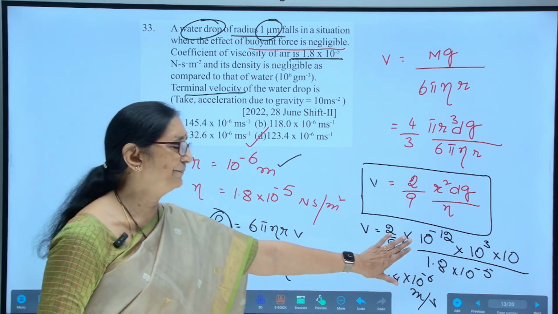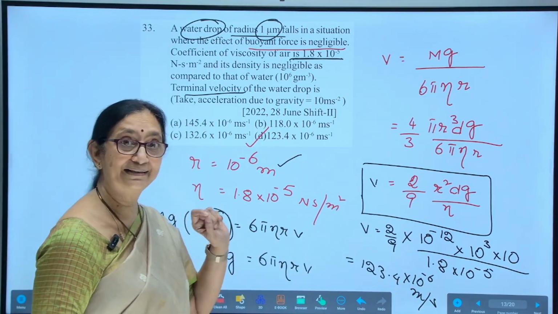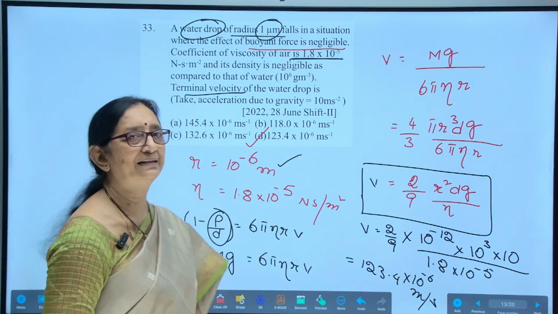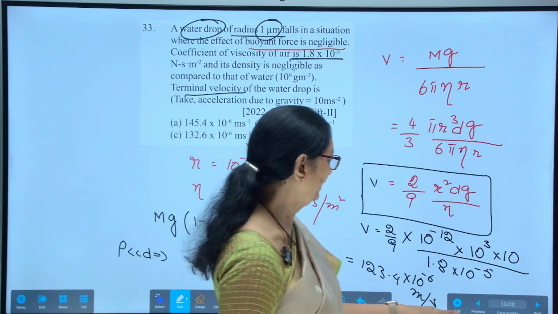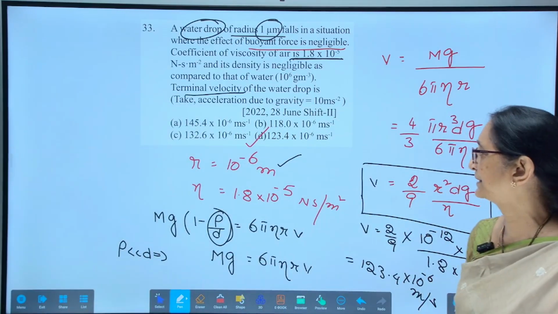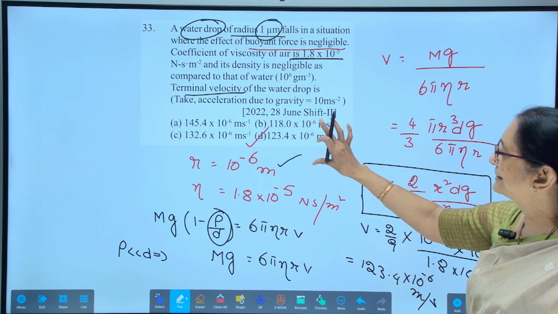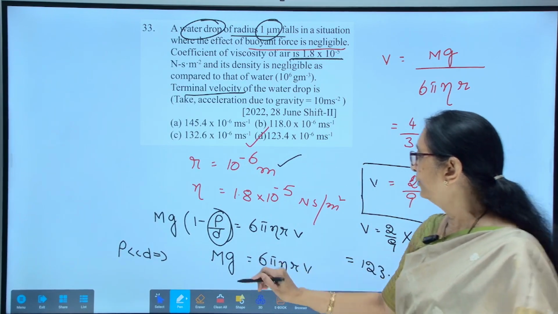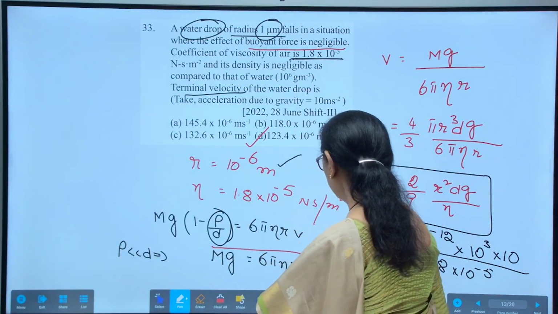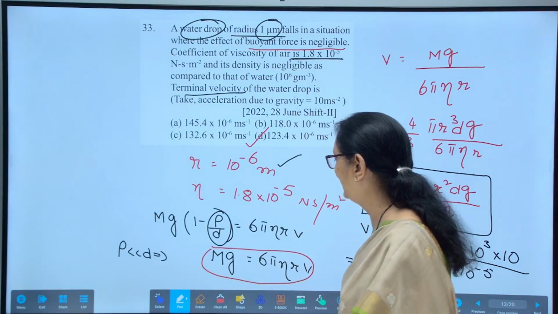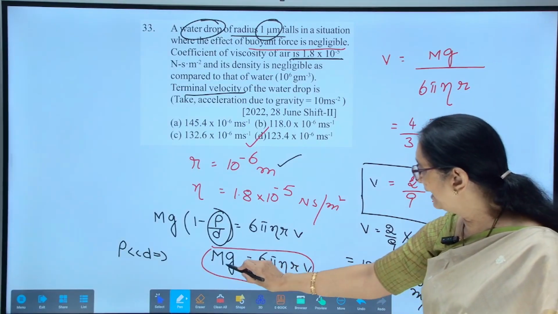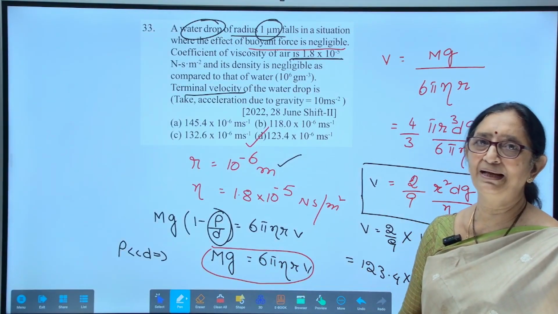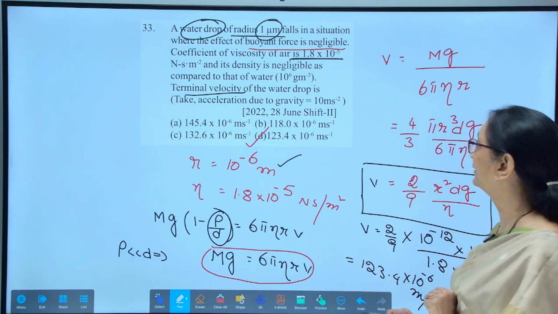So, complete the calculation. You are getting exactly the answer given, that is 123.4 into 10 power minus 6 meter per second. So, here as the buoyant force is neglected, we have just taken mg is equal to 6 pi eta rv, where m is 4 by 3 pi r cube into density of the object.